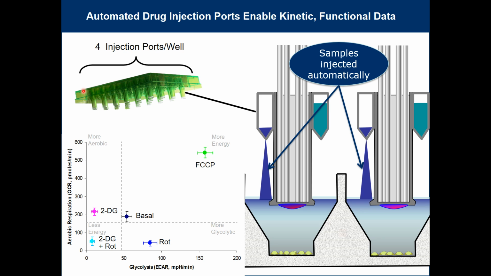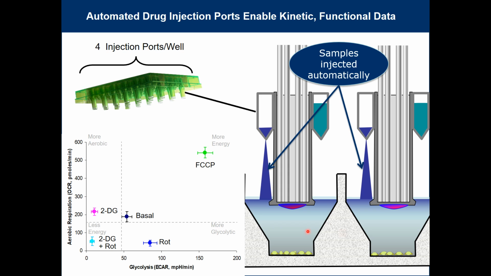We will use air pressure to pump the drug in the port you prepared into the medium, and then mix by the probe going up and down, so the cell will contact the drug very smoothly.